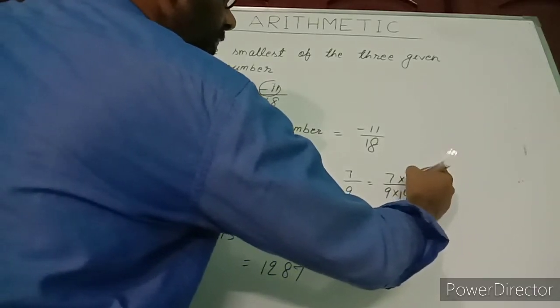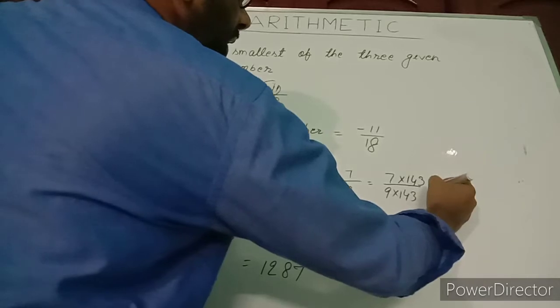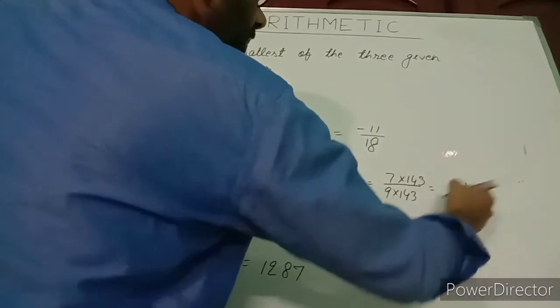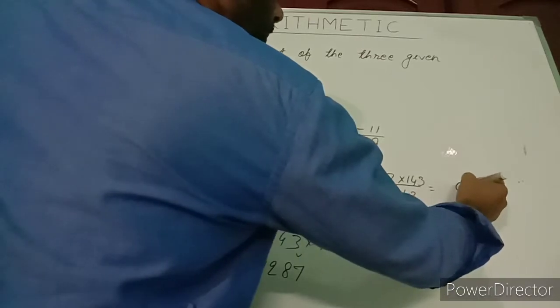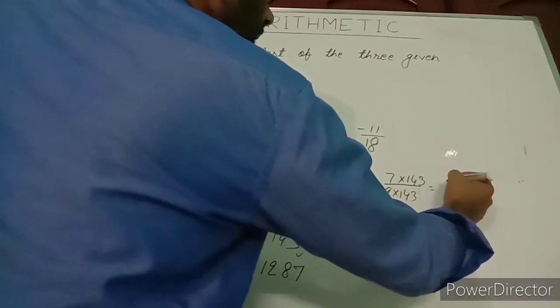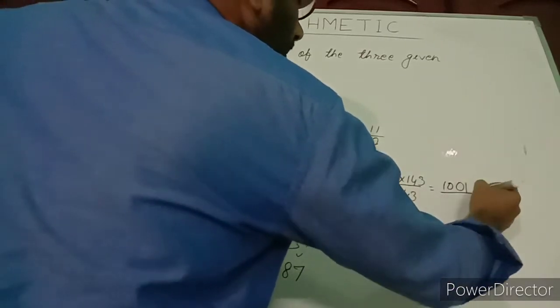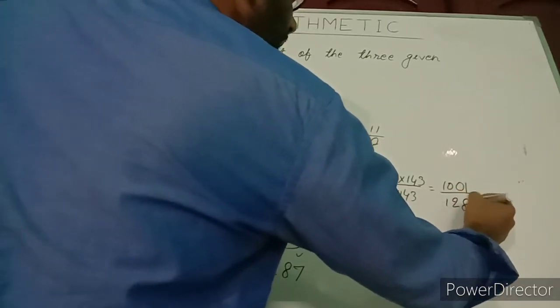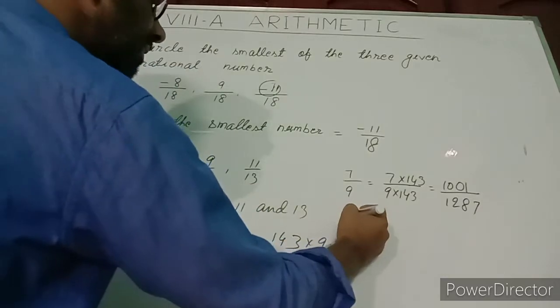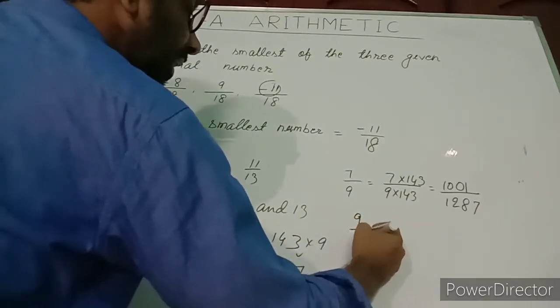Numerator should also be multiplied by 143, and in this way we are getting 7 3 is 21, 2 7 4 is 28 and 2 30, 7 1 is 7 and 3 10. 1001 by 1287. Take the second fraction, that is 9 by 11.